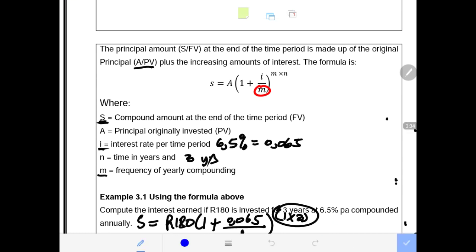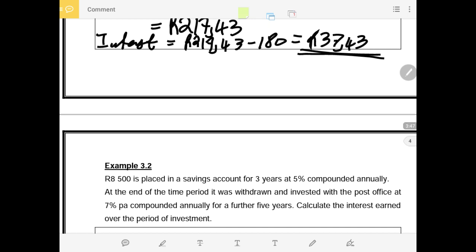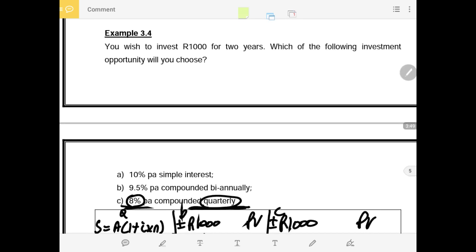If you remember that in our formula we said I must always be divided by M, and we said that M is the number of times the interest is compounded in a year, of which now in this case our interest is compounded quarterly.